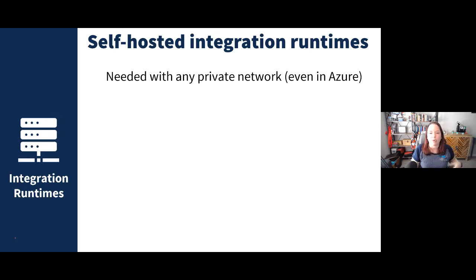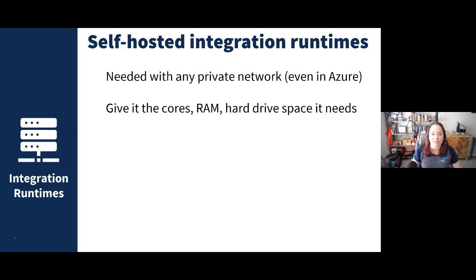Let's say you're pulling data from a SQL Server inside a virtual machine in Azure, so an IaaS database. That requires you to pierce through that VNet, that private network, to get the data and pull it out. Therefore, you need a self-hosted integration runtime.